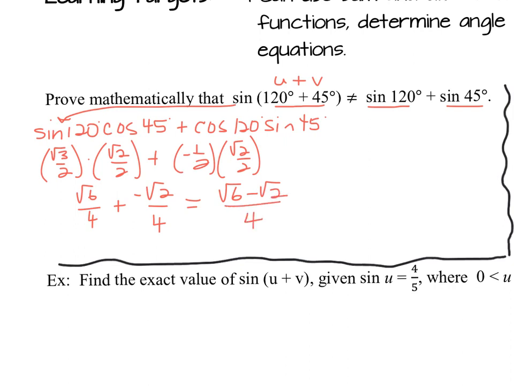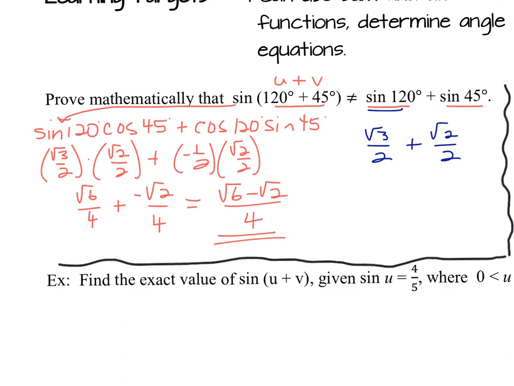over 4. And remember, we're going to get lots of answers that look similar to this. Now, if we try to figure out why it's not the exact same as when you just have the terms individually, we are allowed to go right to the unit circle with sine 120. And that just means we're going to be at square root 3 over 2. And I'm not multiplying that by anything, so if I add sine 45 to it, that's square root 2 over 2.